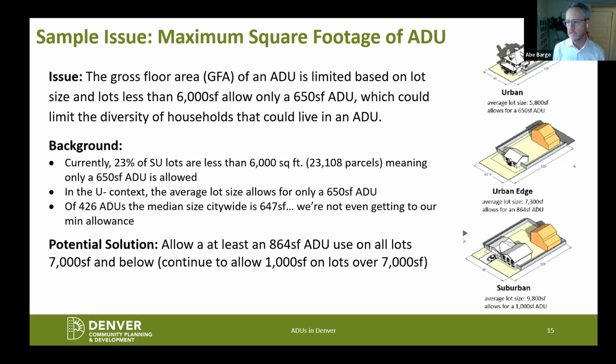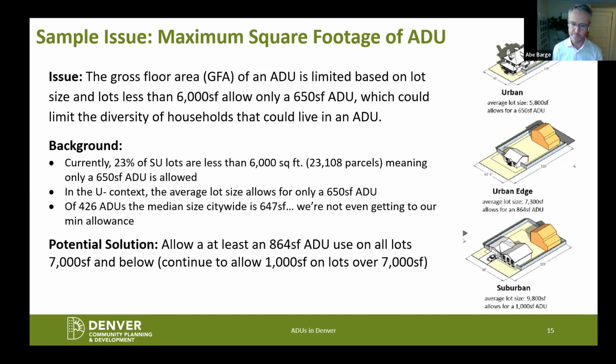And so we've heard that that's definitely on the small end for anyone except a single person, basically. It's definitely too small for even a small family. That also, by limiting the size so much, we might be encouraging use of the ADU just as a short-term rental, for example, because it's less workable as a long-term rental.